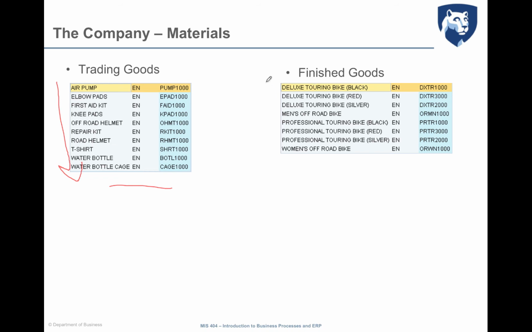And then we have the types of bike that GBI produces, like the deluxe bike in different models and different colors, man's off-road bike, professional touring bike, and woman's off-road bike. So they offer the off-road bike, let's say, type of product, and then we have also the professional models.